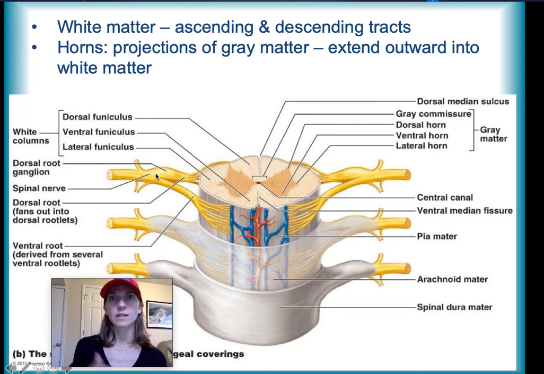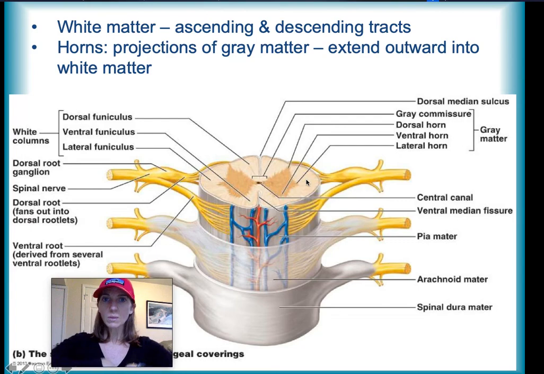But coming back to this idea of sensory versus motor, because this is a dorsal root, we see that these are really the cell bodies of sensory neurons. That's going to become relevant again when we look at reflexes. I will save that for another chapter, but we will see that same pattern holding where sensory input comes in dorsal, motor output comes out belly side or ventral.